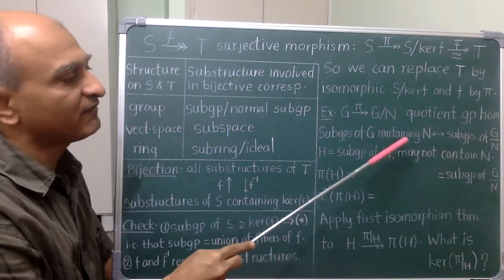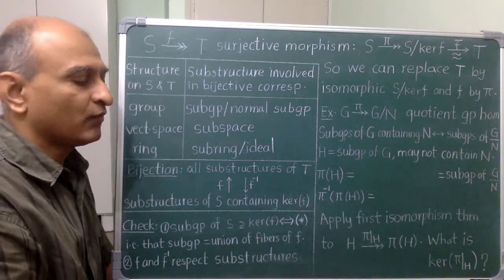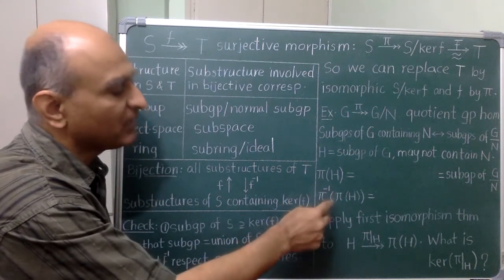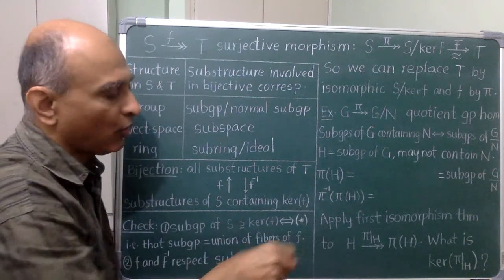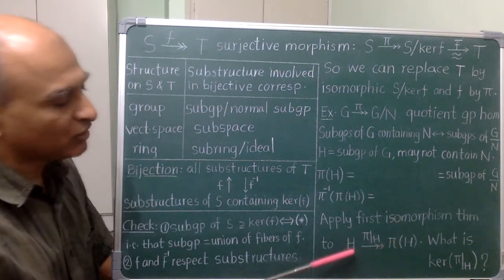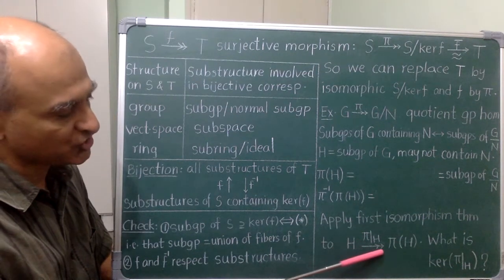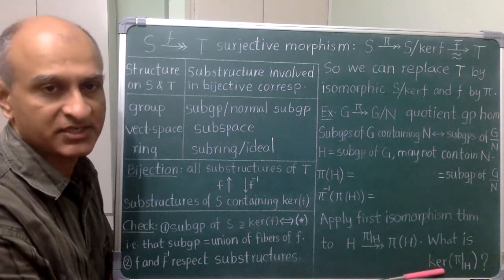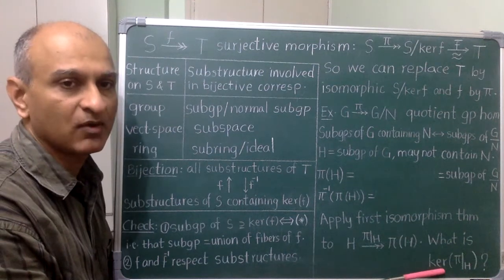Therefore, it will have a partner. What I want you to do is to explicitly describe pi of H and its partner. Also, apply the first isomorphism theorem to the quotient map restricted to H. For this, you will have to find out the kernel of this restricted map. So please do this now.